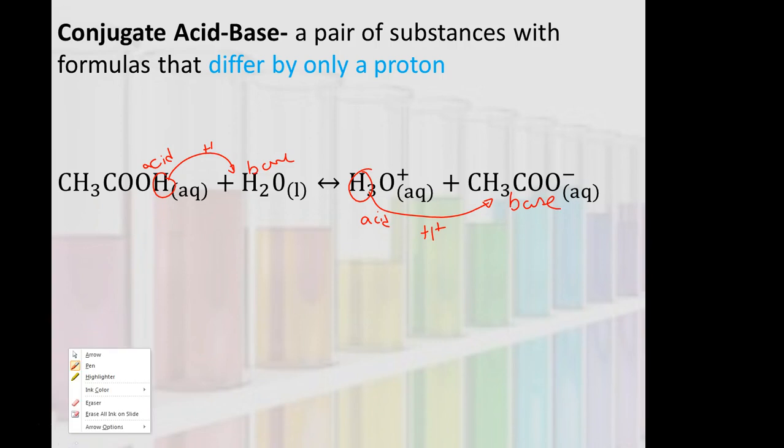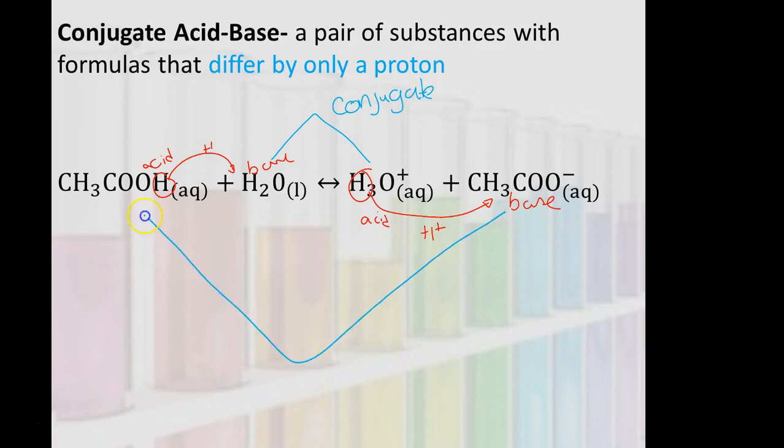Conjugate acid-base pairs are molecules or entities that differ only by a proton. So they differ by a single hydrogen. And so in this example, these two are what we would call conjugate acid-base pairs, and these two are my other conjugate acid-base pair.